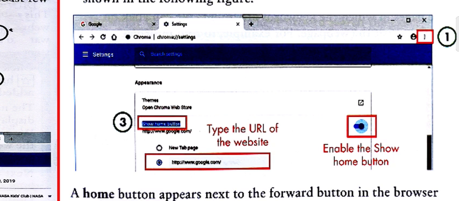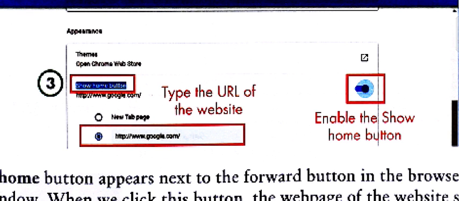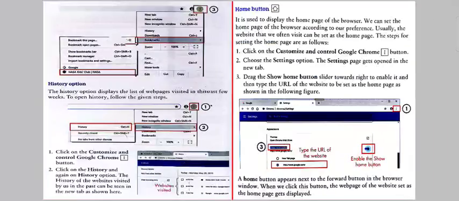Then you need to click on this slider to show the home button. Then you need to type the URL here, as per your choice. Then your home page will be saved. A home button appears next to the forward button in the browser window.